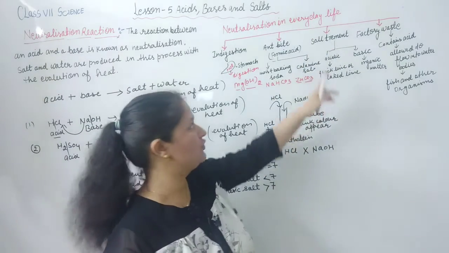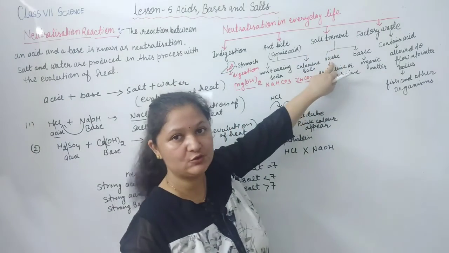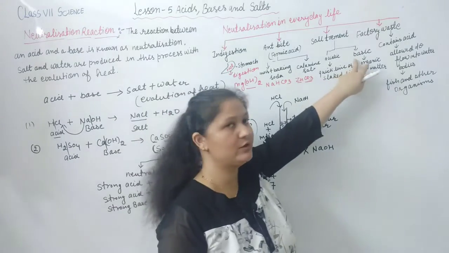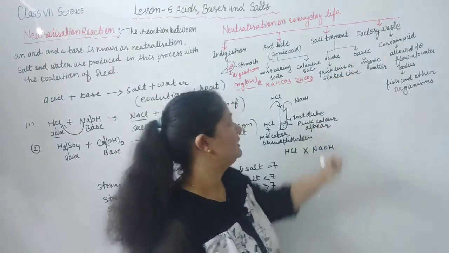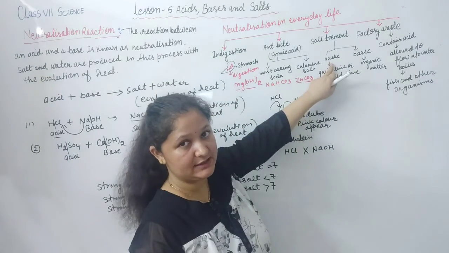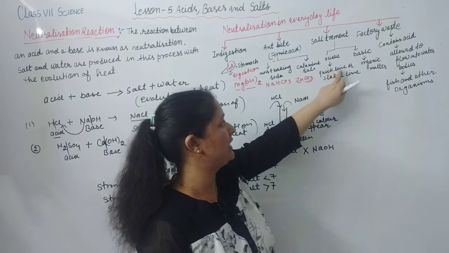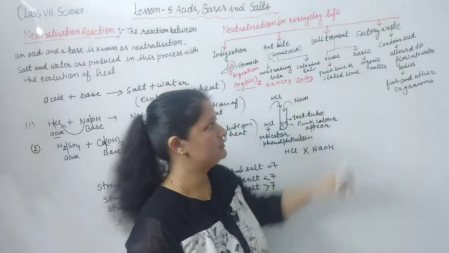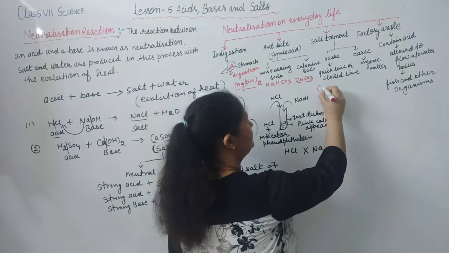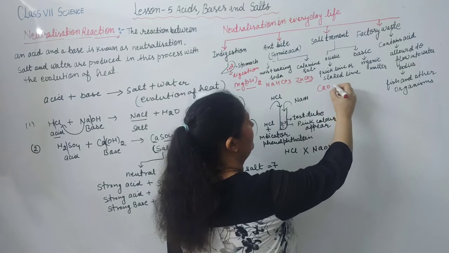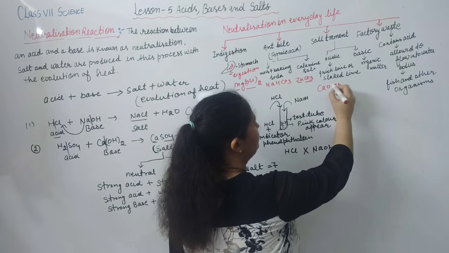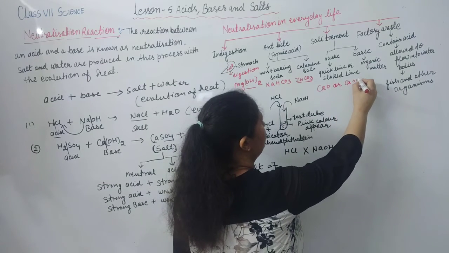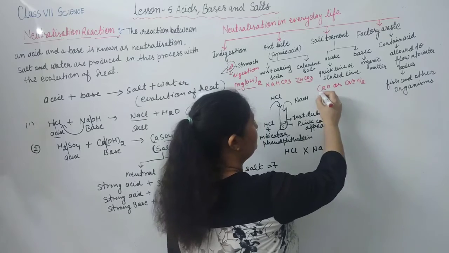Next one is soil treatment. You know, plants do not grow well when the soil is too much acidic and when the soil is too much basic. So when the soil is too much acidic, it is neutralized by quicklime or slaked lime. So what is the formula of quicklime? CaO. And what is the formula of slaked lime? Calcium hydroxide. Right, students?